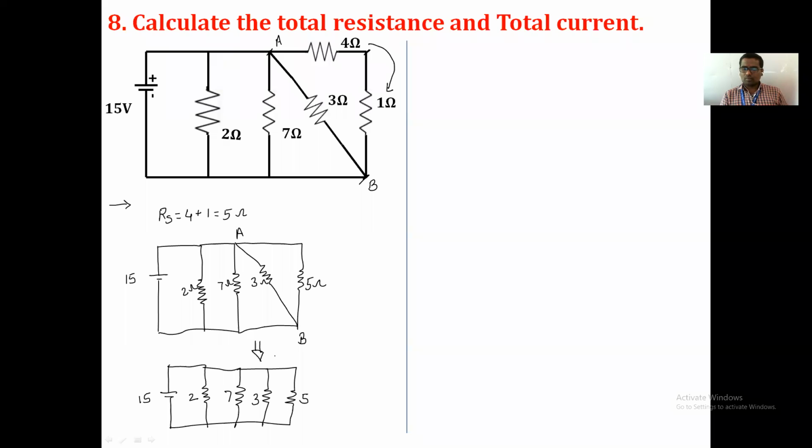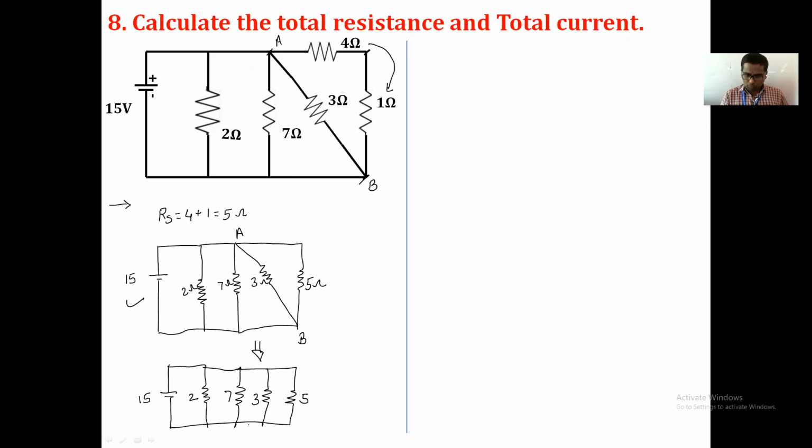Yes. Get it, my point? It means that this circuit diagram, I can replace with this one. This is for our simplicity. This is for our understanding. I just replace this diagram because if you see that this 7 ohm and this 3 ohm, this is a common point. Let me consider that this is a common point. Is it right? Here, this branch I just increase, but here no resistance is present. It means that both the diagrams are nothing but the same.